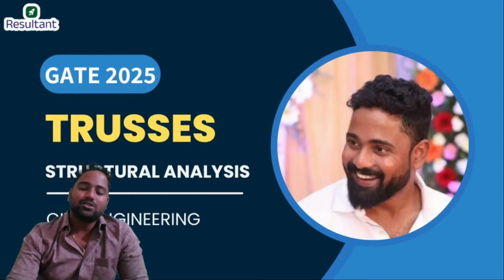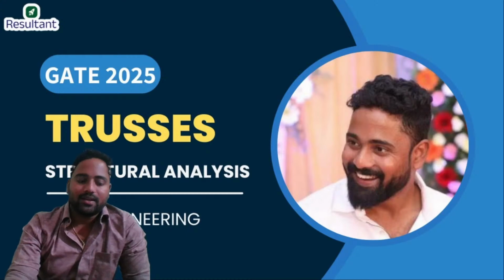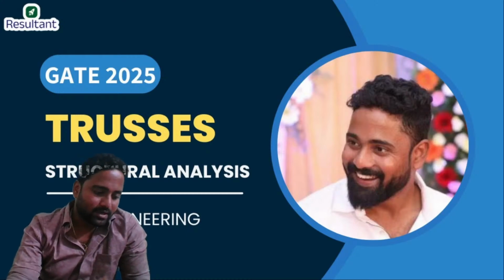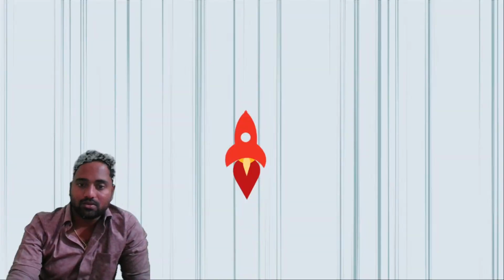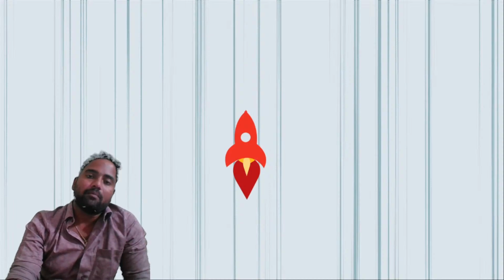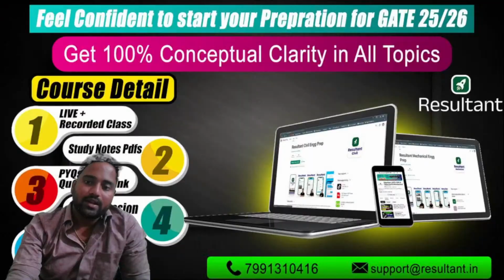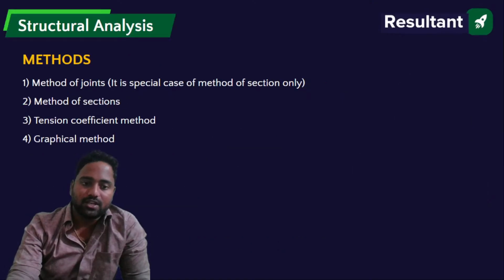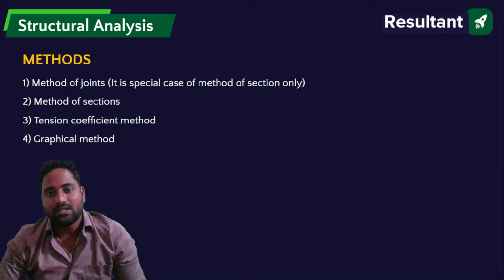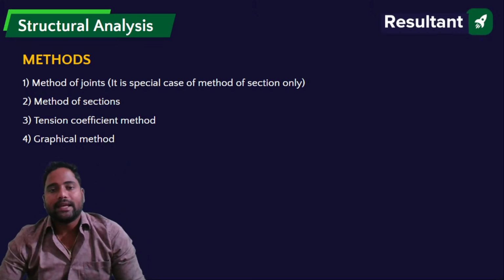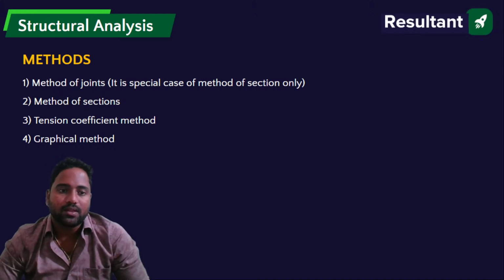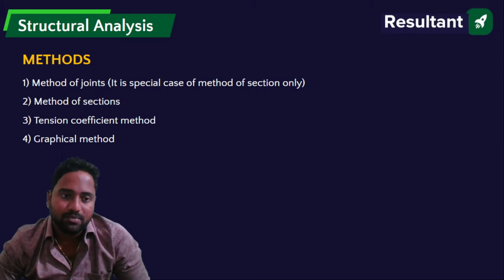Okay, so we are discussing trusses. In trusses, the main idea is to find the forces in the members of the truss. There are different types of methods. The first method is the method of joints. The second is the method of sections. The third is the tension coefficient method.